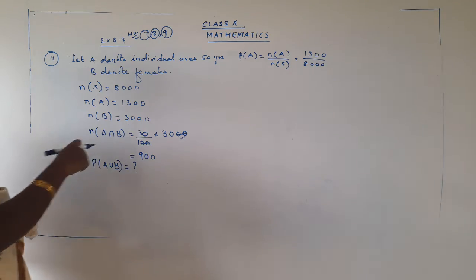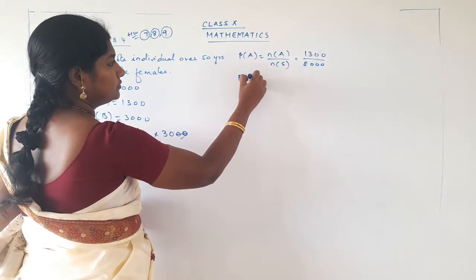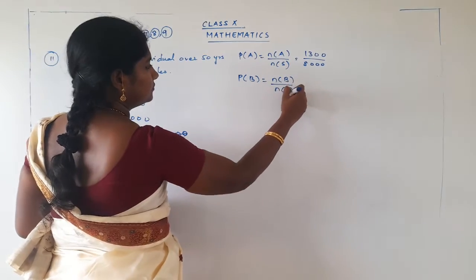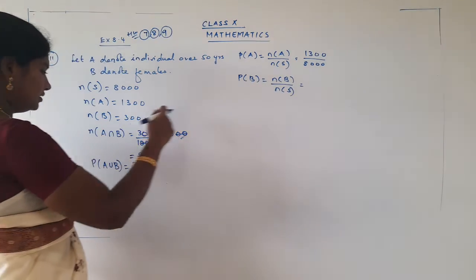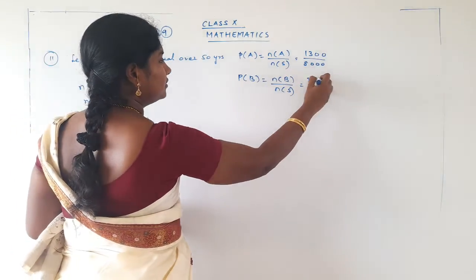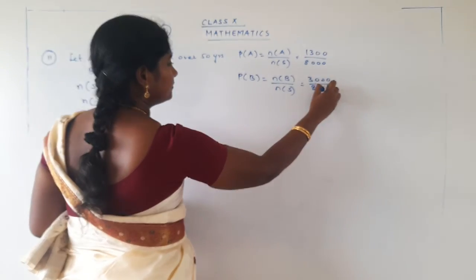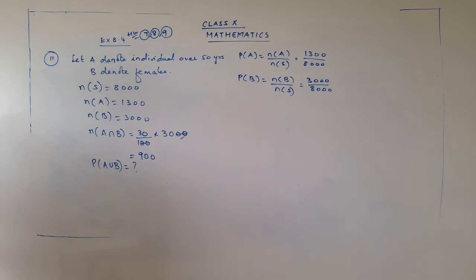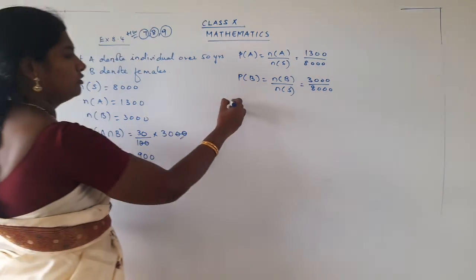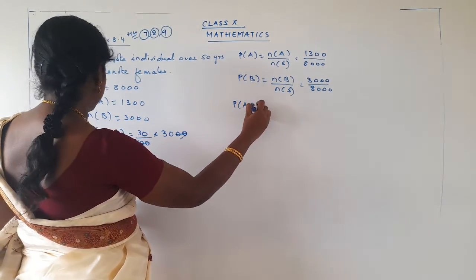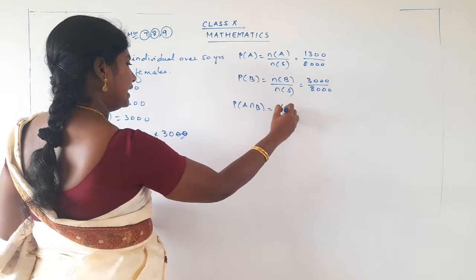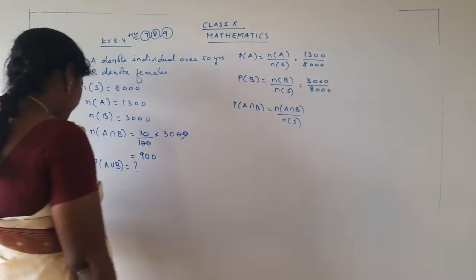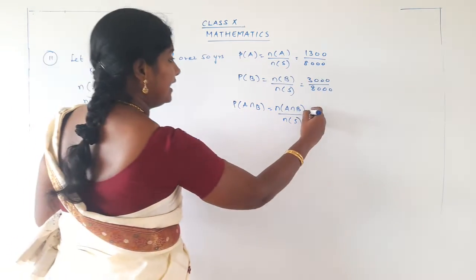Next, P of B, N of B upon N of S. What is N of B? 3000 upon 8000. And P of A intersection B is equal to N of A intersection B upon N of S. It is 900 upon 8000.